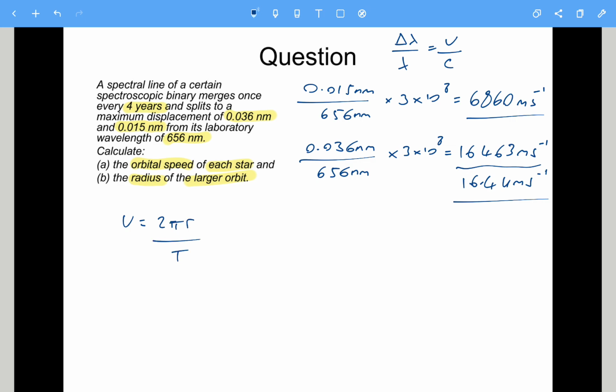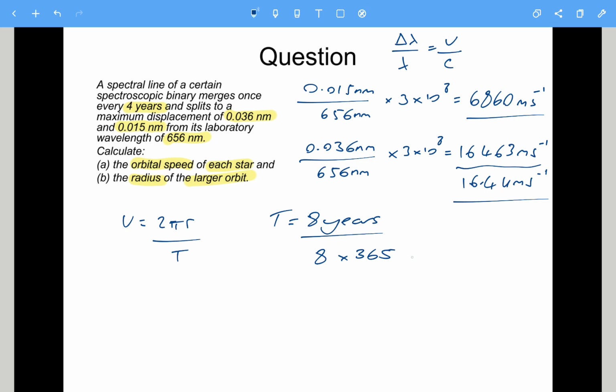We know the velocity. Now the time period: it says that the spectroscopic binary merges once every 4 years, which occurs every half rotation. So the time period that we're looking at is 8 years. What we need to do is convert that into seconds. So we're going to do 8 years times 365 days in a year. You could do a quarter, it won't really change your answer that much.